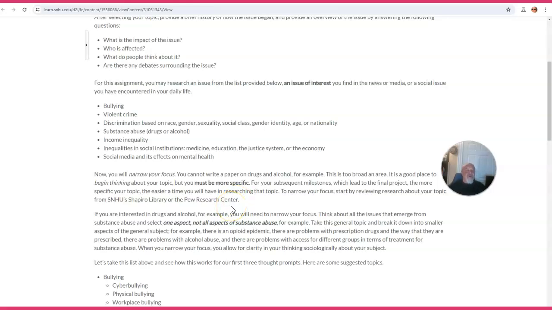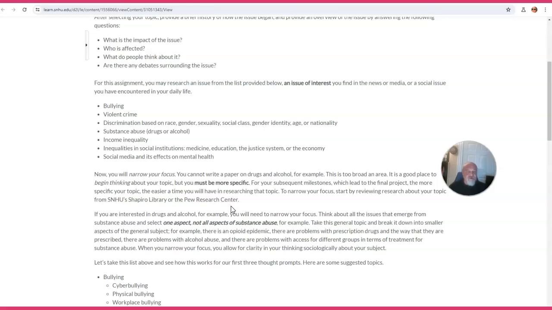This is very important. You cannot write a paper on drugs and alcohol. It's too broad of an area. It's a good place to begin thinking about your topic, but you've got to be more specific, particularly if you're planning a career in human services, social work, or substance abuse counseling.